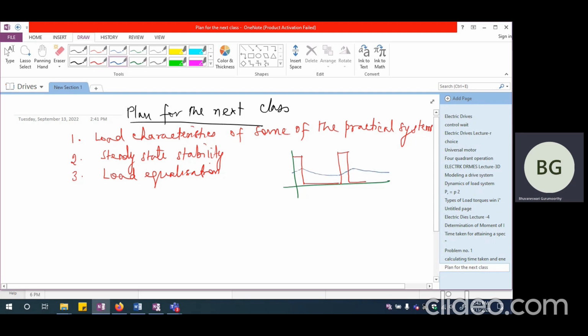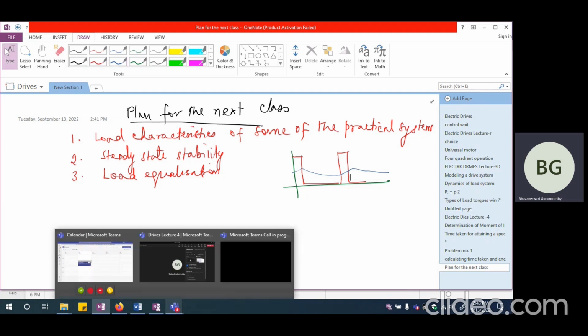Will we be able to put something like a filter which will reduce the variation in the load torque visualized by the motor? This is generally known as load equalization, and we would be looking at that as well in the next class.